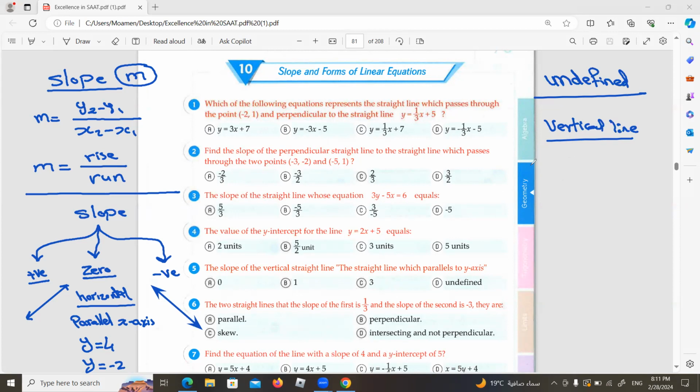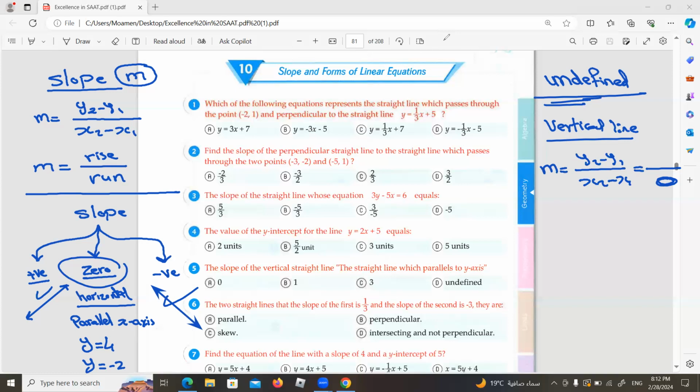If you need to find the slope using the change of y over the change of x, y2 minus y1 over x2 minus x1, you get 0 down and any number up. 0 down means it's undefined. 0 up means equal to 0. Otherwise, it may be a positive or negative slope. So we have 4 cases for the slope: positive, negative, 0, or undefined.